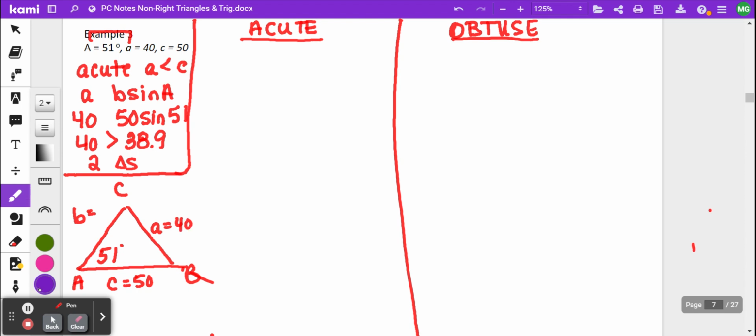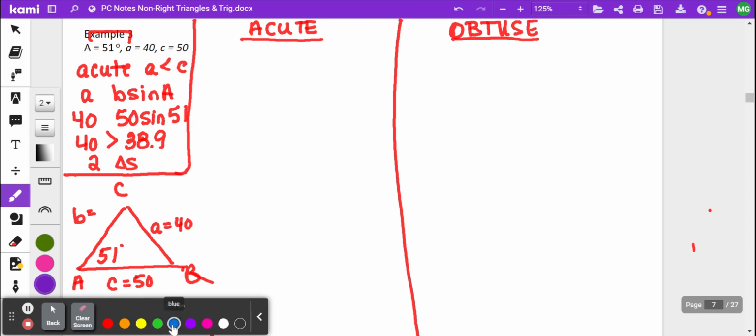Using the law of sines, we can clearly see that we have angle A and the side opposite that. So we'll be able to use that to calculate the measure of angle C. We'll set it up. The sine of 51 is to the side opposite that, which is 40, as the sine of angle C is to the side opposite that, which is 50.